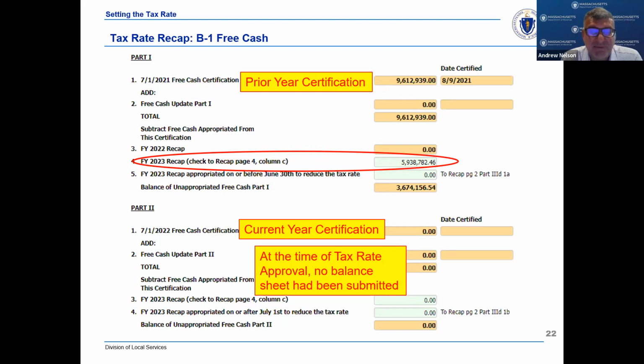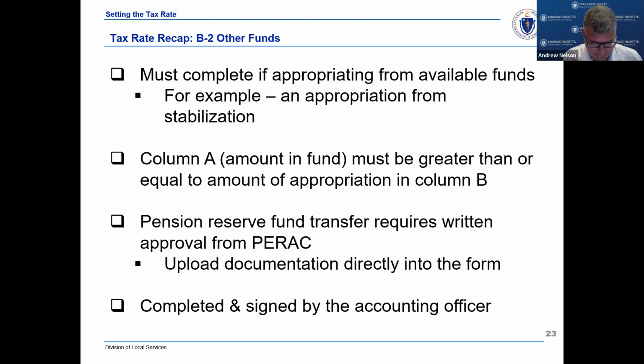If they spend some of that money at a fall town meeting, it's going to go on line 3 here of Part 2. If they spend some of that money to reduce the tax rate, that would go on line 4 and also on page 2. They did not have any free cash certified, so they did not spend any. Next slide, please.